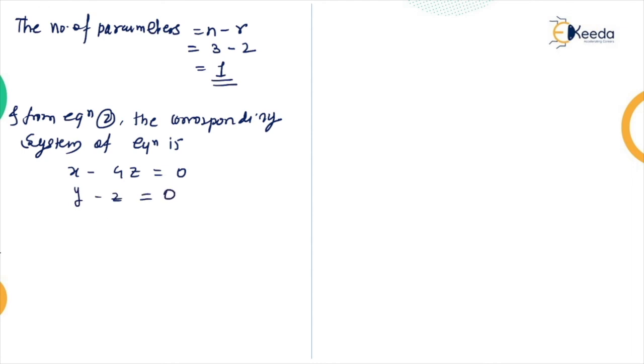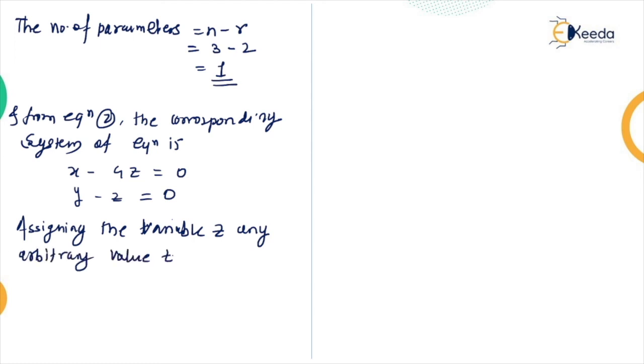Assigning the variable z an arbitrary value t, we get x equal to 4t, and y equal to t, and z is equal to t.